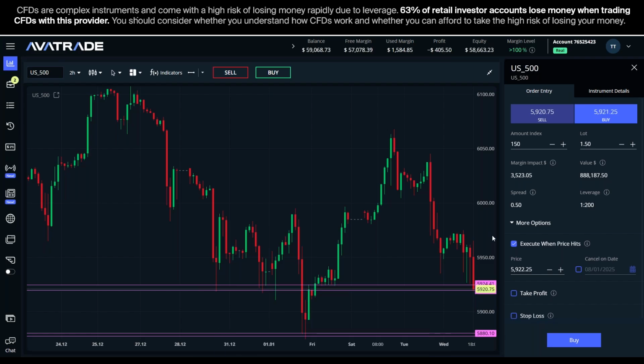So the question that's being asked is about pending orders and how often might I use different types. I love buy stop and sell stop pending orders, meaning the type that you're waiting for confirmation of a movement in the same direction that you plan to trade.